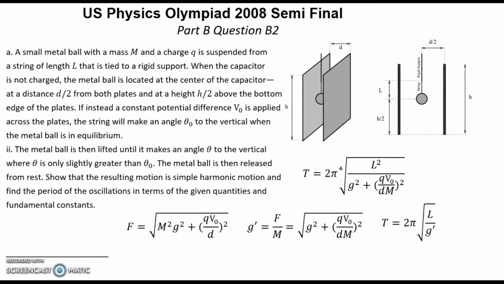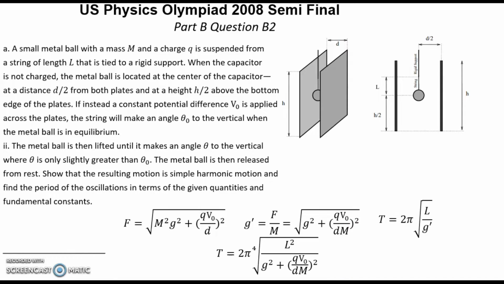So the period will be this expression, 2π times the root of L over the fourth root of g squared plus (QV0 over dm) squared. So that's done. We can write this answer in this form, or better this one. That's the answer for question 2.